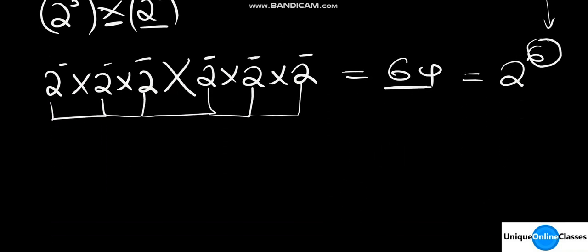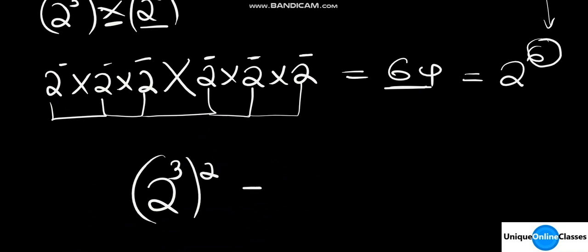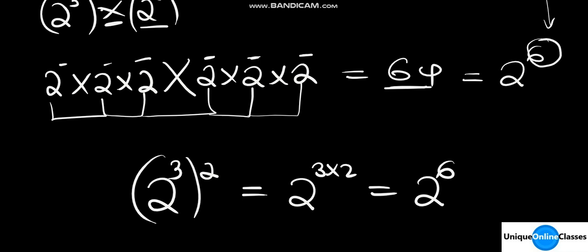Now 2 to the power 3, then raised to the power 2, is the same as 2 power 3 times 2, which gives us 2 raised to the power 6. That is a law on its own.